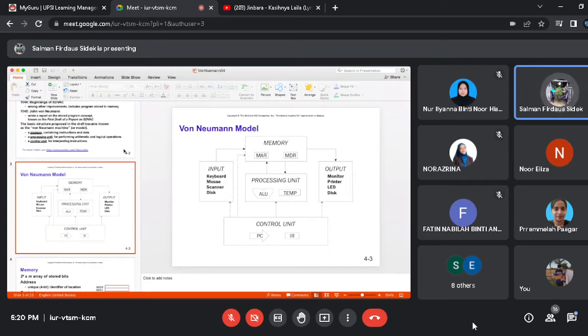What is the purpose of sending the data from memory to CPU? Why must we send data from memory to the CPU? To process. Clever. Okay. Which component processes the data?